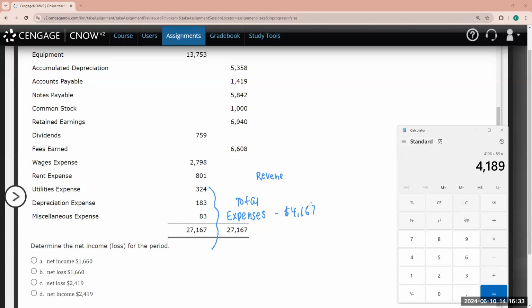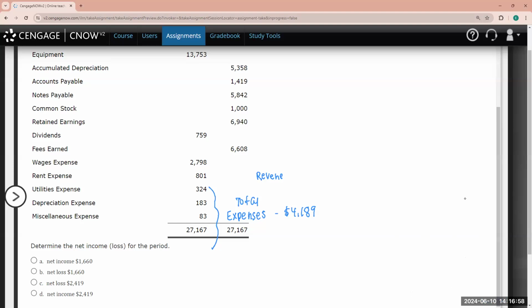My apologies. So our total expenses are $4,189. Again, my apologies for the mistake. So 6,608 minus 4,189 gives us our net income of 2,419. So D is our correct answer.